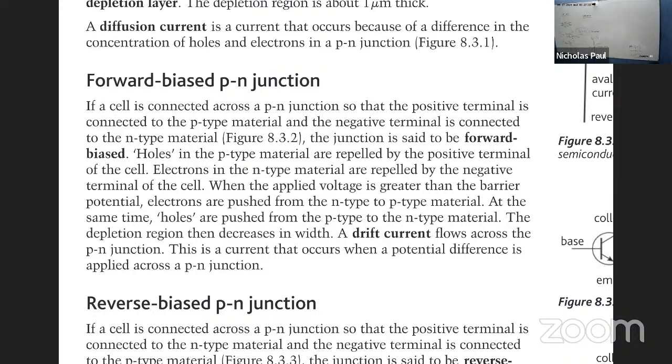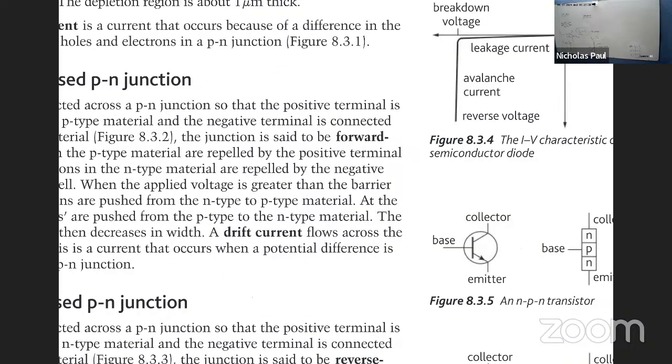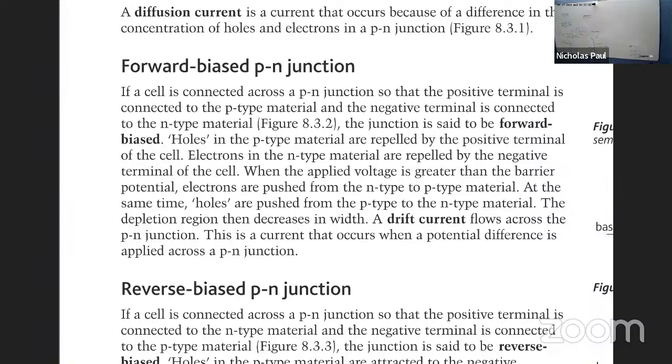Right, forward bias PN junction. If a cell is connected across a PN junction so that the positive terminal, make sure you remember that, right? The positive terminal is connected to the p-type and the negative terminal is connected to the n-type, the junction is said to be forward bias.